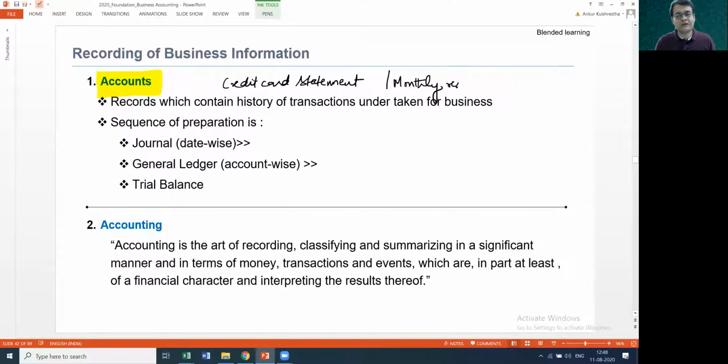That monthly report is actually a summation of your different transactions. That's nothing but your account. So an account, to my mind, is any record, and of course it will have historical information. You can't foresee, so it will never be futuristic information. It's a very historical-looking thing.